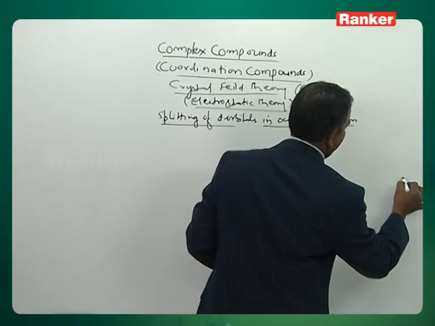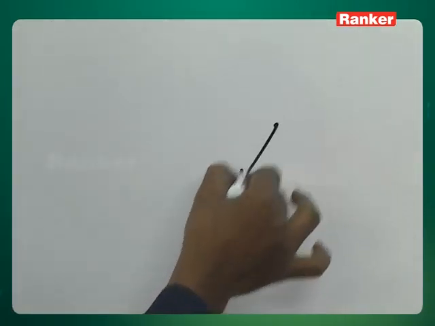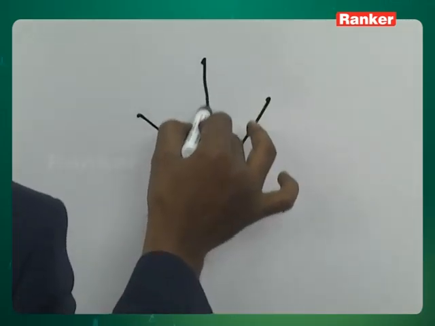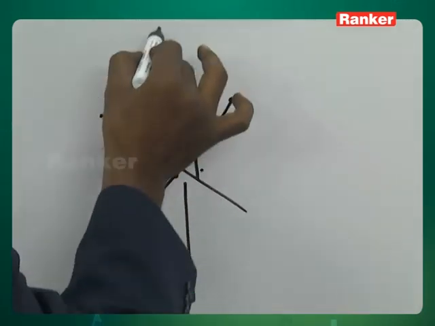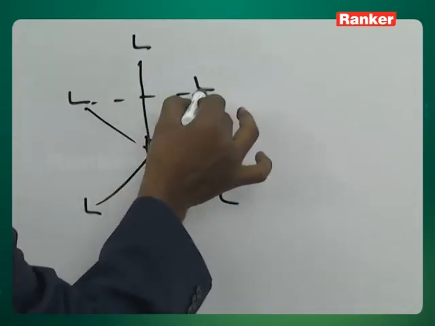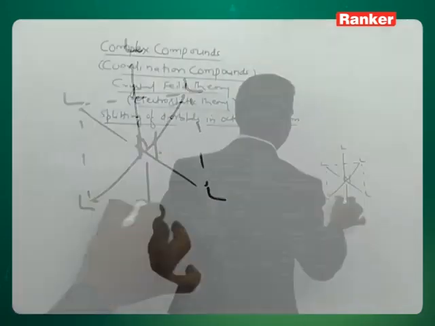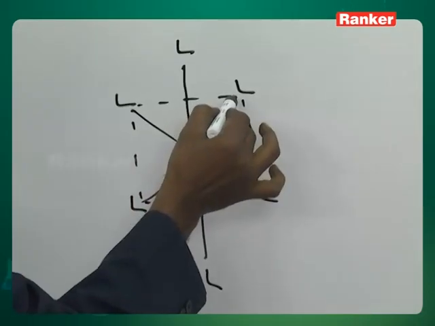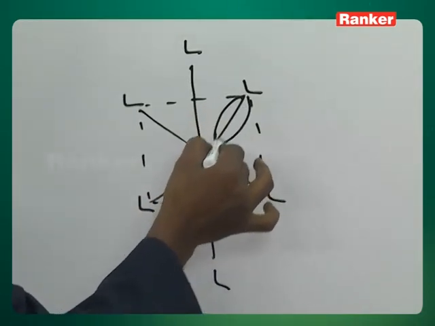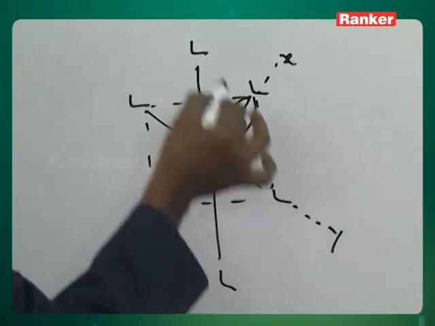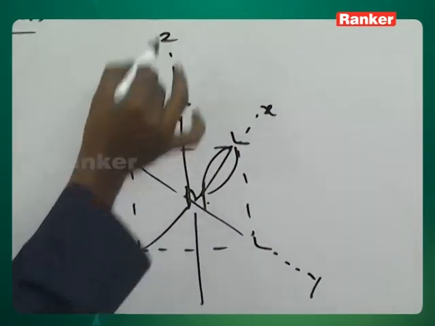Now, I am putting a complex here, M. Octahedral geometry I am writing. Then writing the orbitals here. Consider this is the x-axis, y-axis, then z-axis.